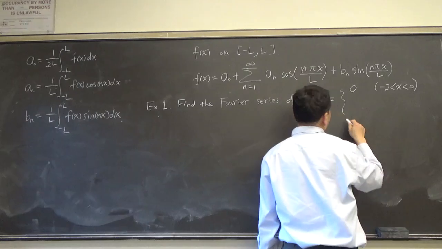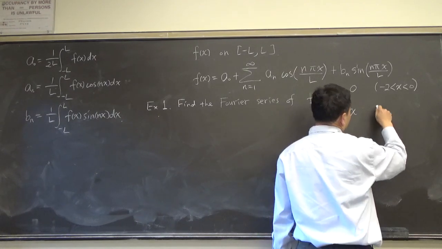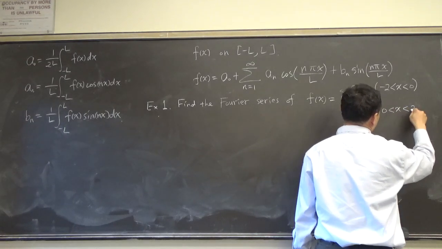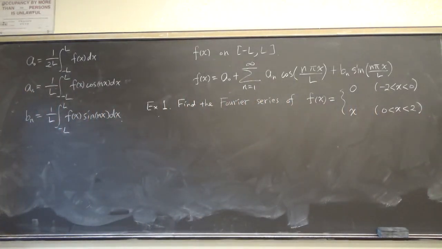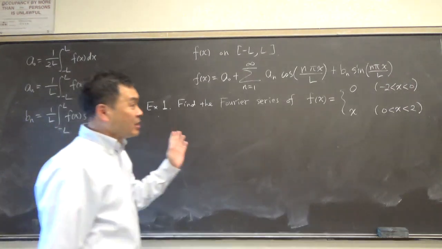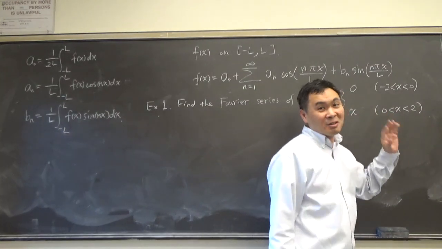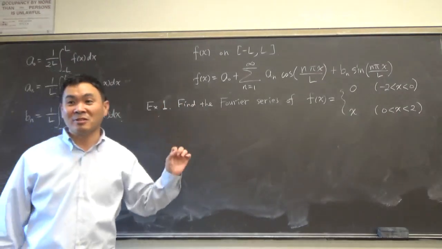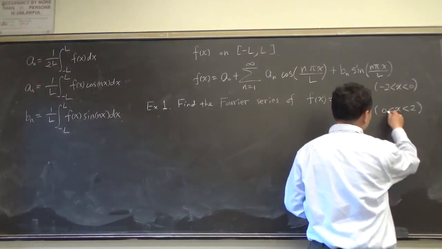And then let's say this is x if x is between 0 to 2. So this is a function that's defined from -2 to 2. Notice that I don't have 0 defined, but it's okay. The integration can be defined even if you have a few points missing. If you don't like that, you can just put it like that.